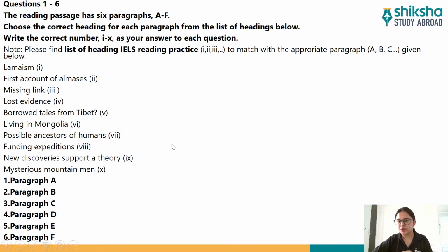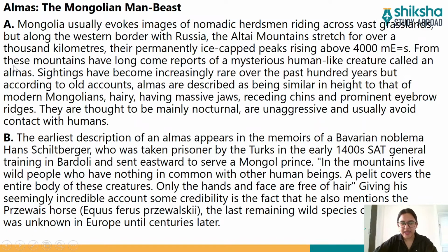Now, if we go to the next slide, we can see the questions. So, match the heading questions might come to you like this. The reading passage has 6 paragraphs, A to F. As I said, there will be several, but I have only listed down 2 for you for now. Choose the correct heading for each paragraph from the list of the headings below. So just like A and B, paragraphs A to F will be given to you in the exam.